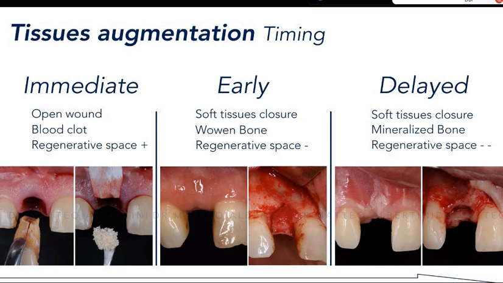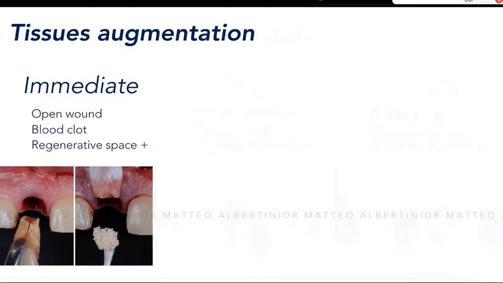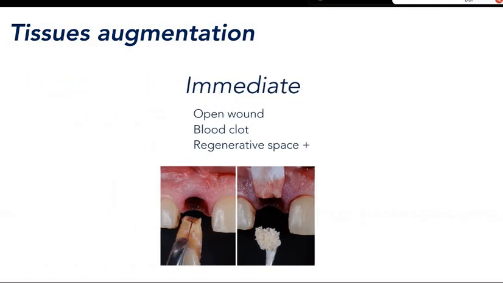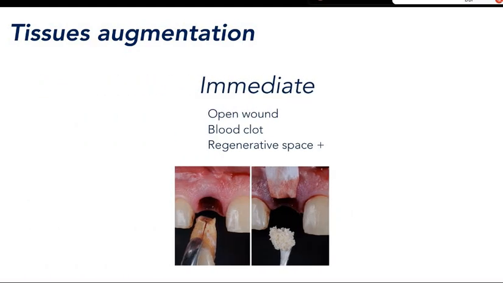We have soft tissue closure and very good mineralized bone, but we have very little regenerative space. So in this presentation, I want to focus on the immediate approach, in which we have an open wound, a blood clot, and a big regenerative space already created by the presence of the root within the socket.